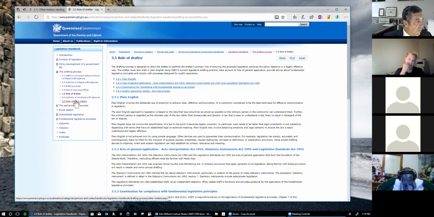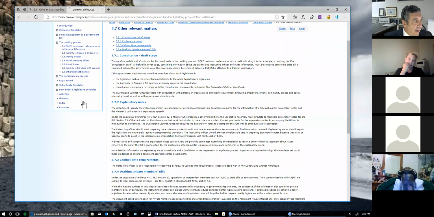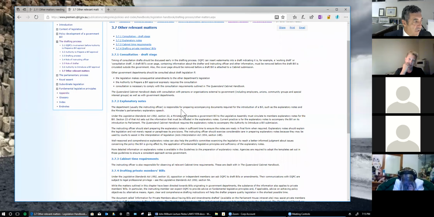Another thing that you've seen often, and this is under 3.7 under the heading of other matters, is explanatory notes. And you'll see there why the explanatory notes are important, how they come into existence, what is the role of the Legislative Standards Act 1992 in that regard.